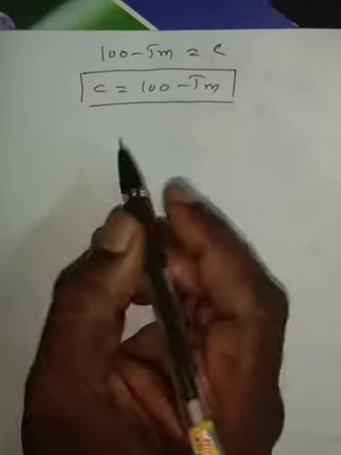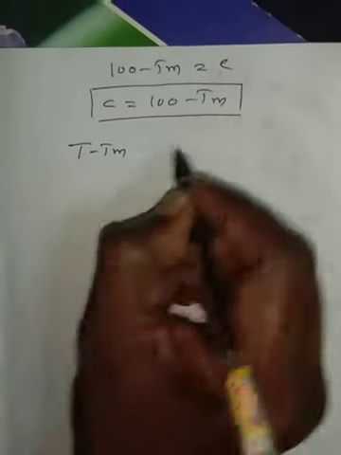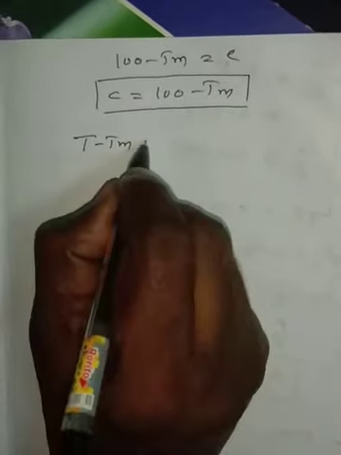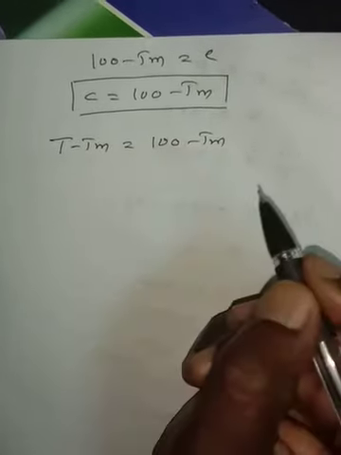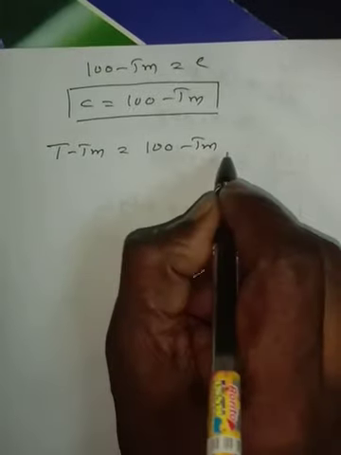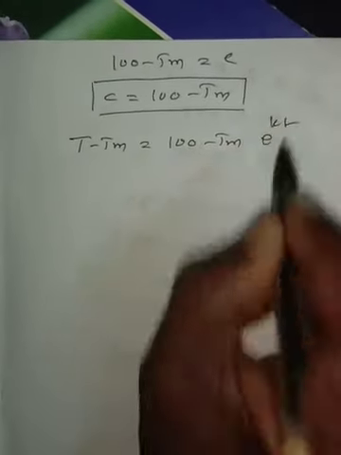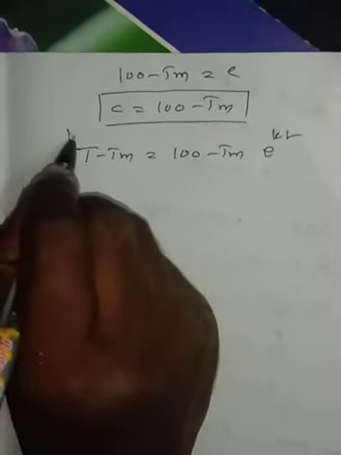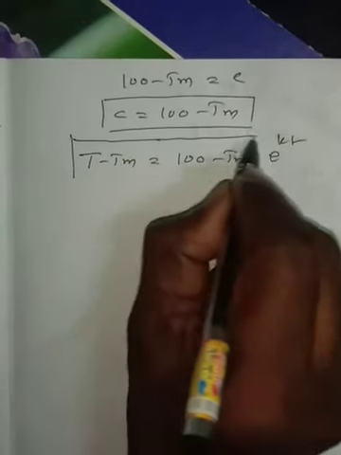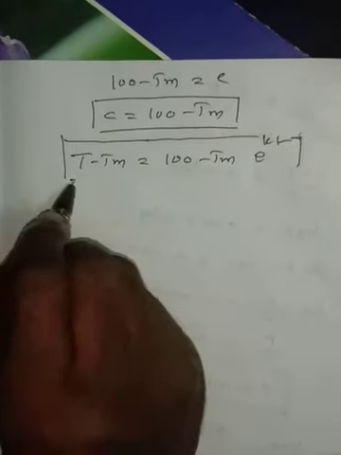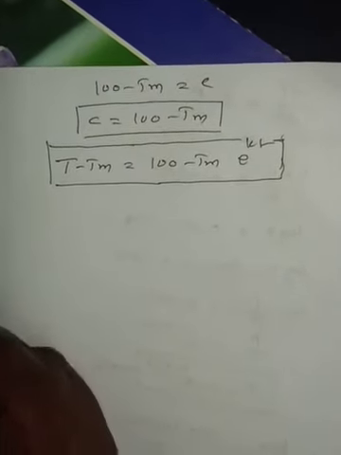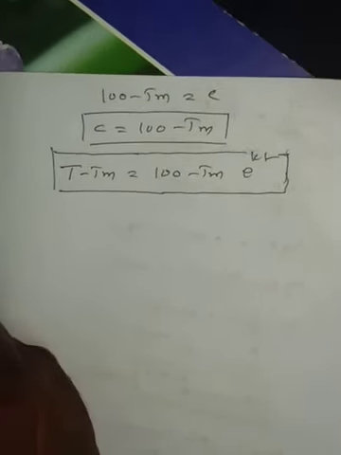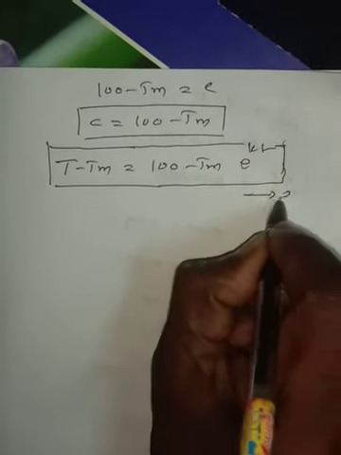We have T minus Tm is equal to 100 minus Tm into e to the power of kt. Substitute c in the above. Next line, number this as 2.